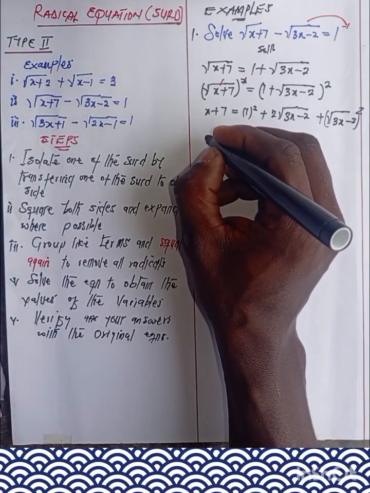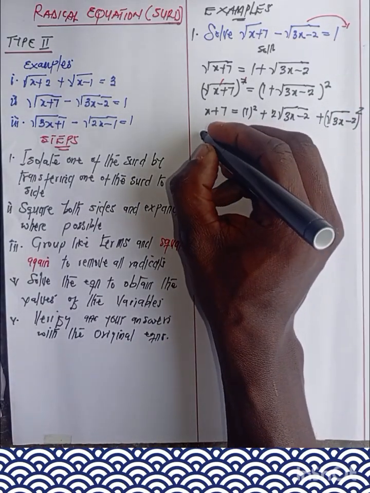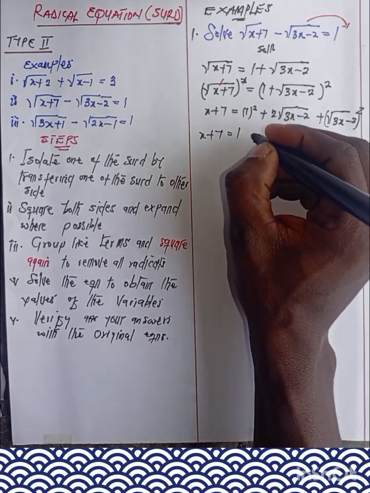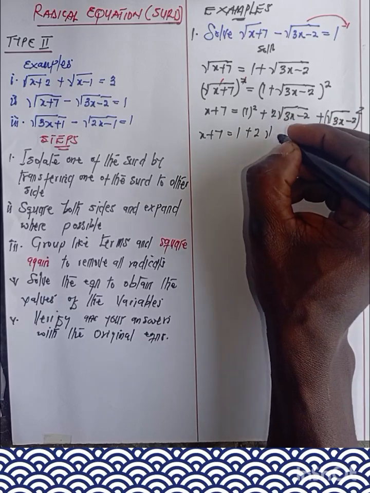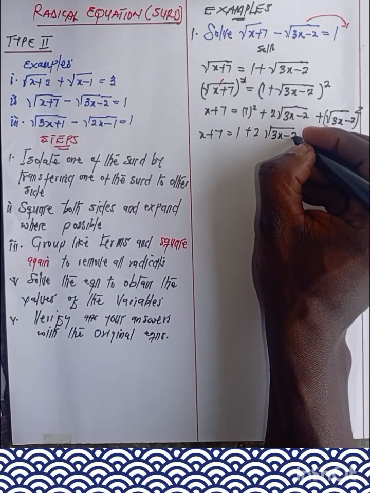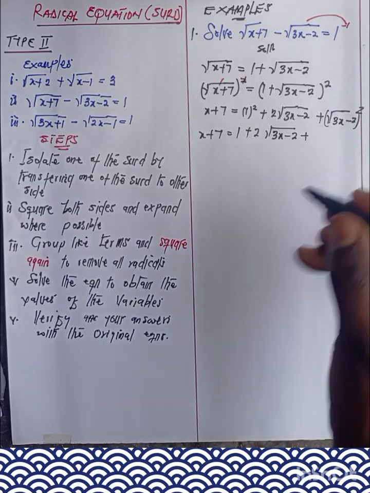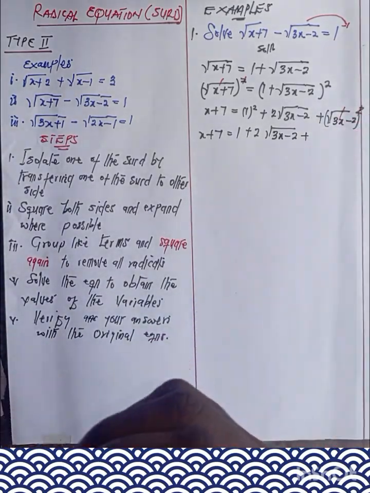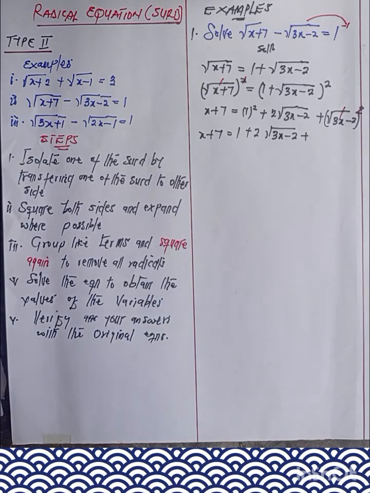So we are having x plus 7 is equal to 1 squared is 1, plus 2 root of 3x minus 2, and then this, the square will do away with the radical sign. We will be left with 3x minus 2.